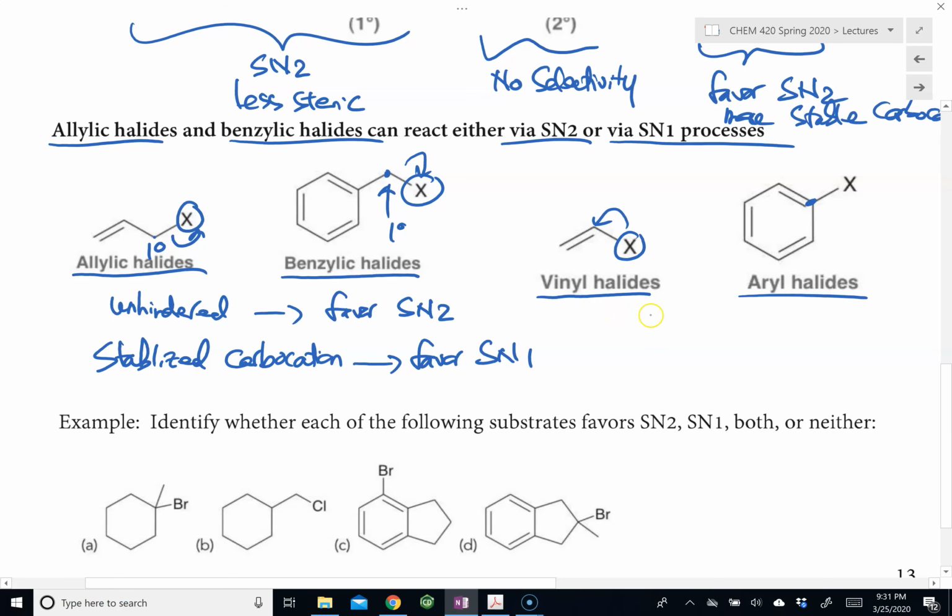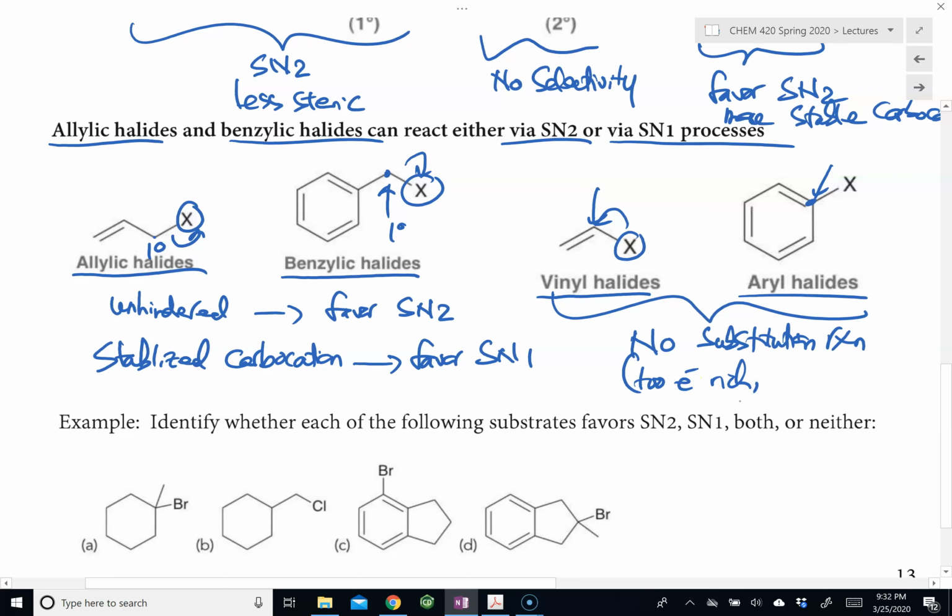Now, vinyl halides and aryl halides do not do substitution reactions. So no substitution reaction. The reason why is that the carbon in here is too rich in electrons. Therefore, they are not good electrophiles and do not undergo SN1 or SN2 reactions.